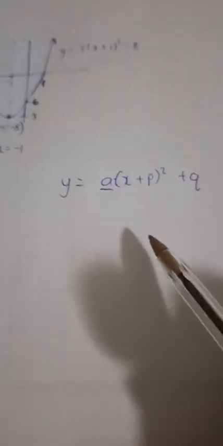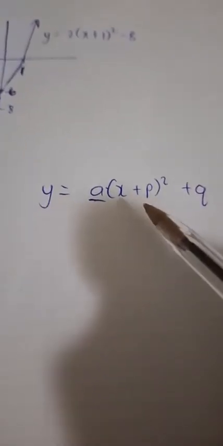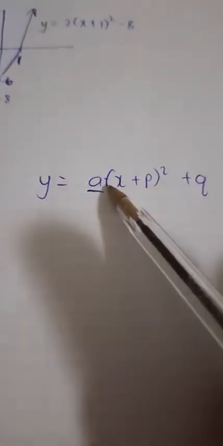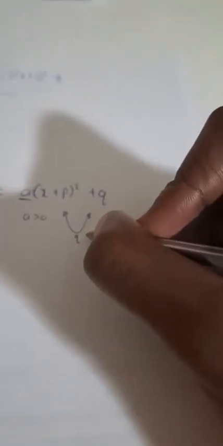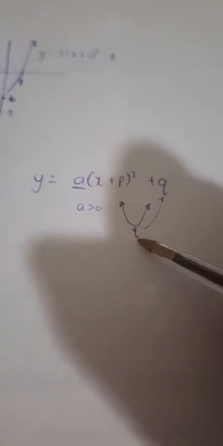And what's also nice is that even in term 1, when you were completing the square of this expression and you got this form, you will remember that you were able to determine whether you are reading the minimum or the maximum depending on the a value, because you know that when a is greater than 0, that means concave up, and obviously that speaks to minimum, and your minimum value was always your q value. The x value that gave you the minimum was the inverse of p.